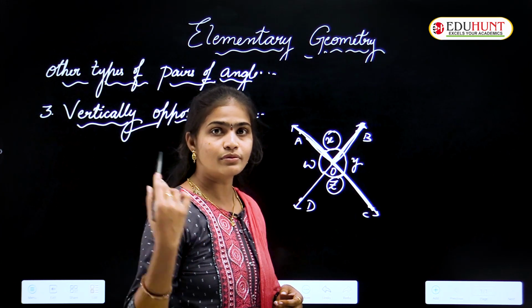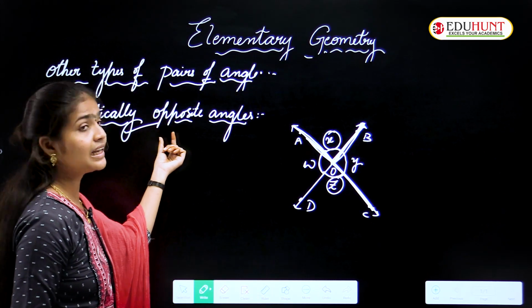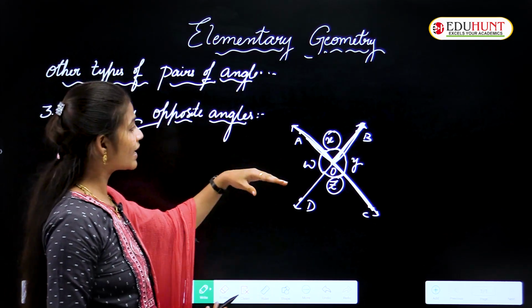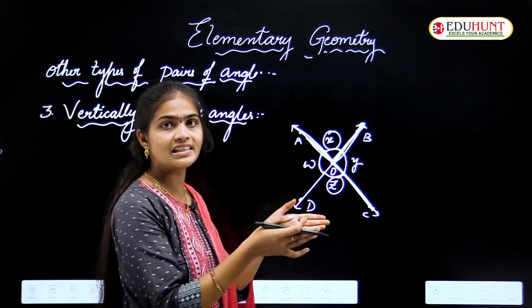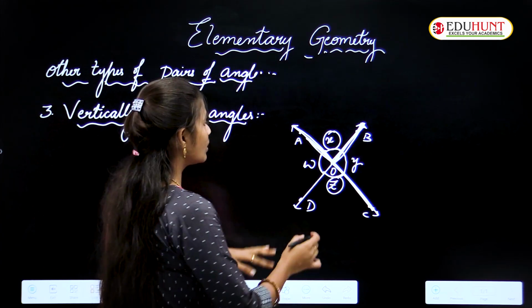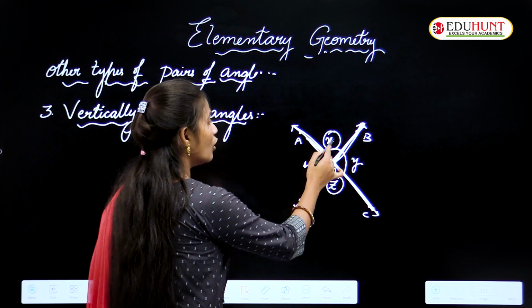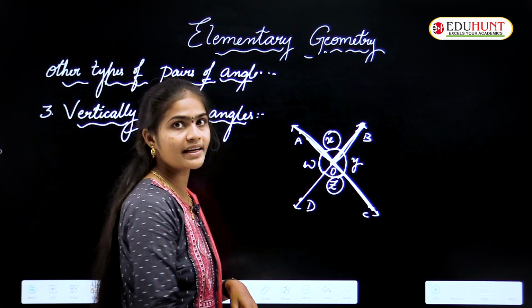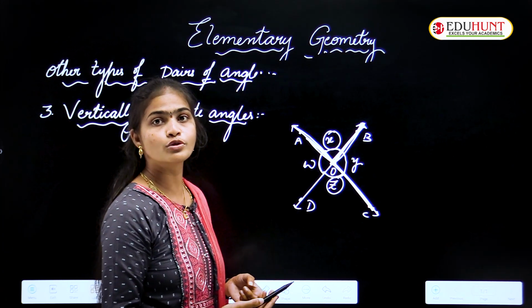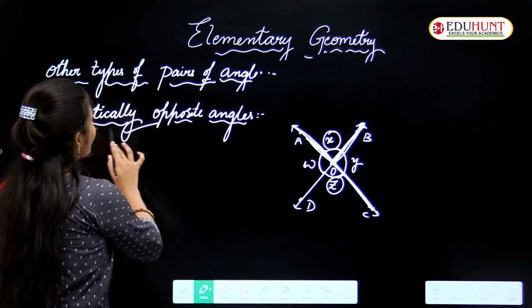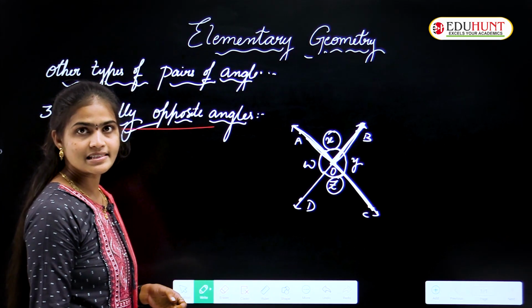In the heading itself, vertically opposite means two angles are formed and they are opposite to each other. So two opposite angles formed at the intersection point, we call them vertically opposite angles.